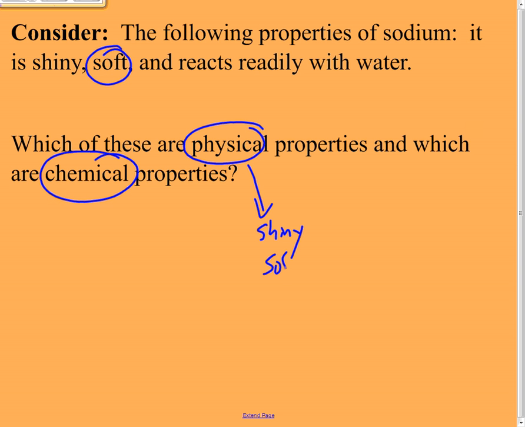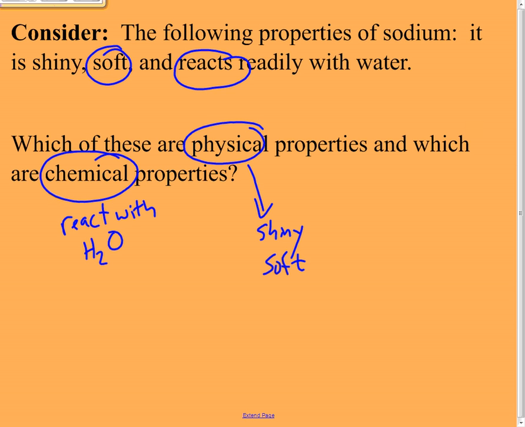So that means softness is a physical property. And finally, it reacts with water. Can I react it with water and still not transform it? No, when it reacts with water, it now transforms into a new substance, which means that the ability to react with water is a chemical property.